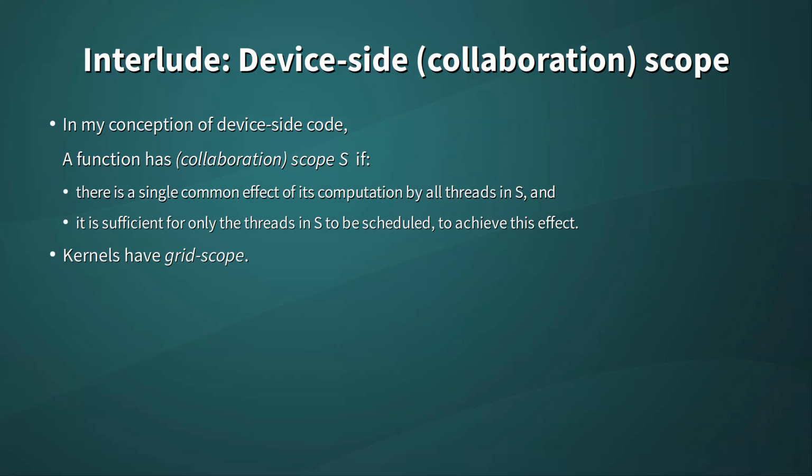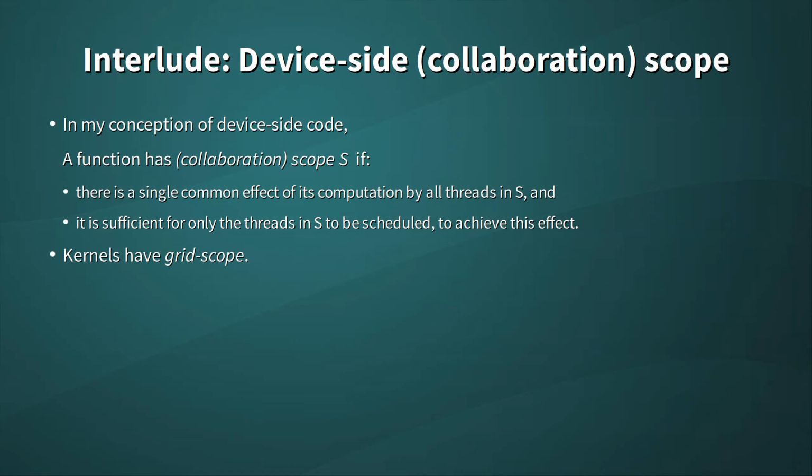So if I write a kernel, I consider a kernel to be a grid scope function, or to have a grid collaboration scope. Why? Because the kernel has something that it computes, generally at least. And if I schedule all of the threads in the grid, then obviously they will compute whatever it is the kernel wanted to compute.